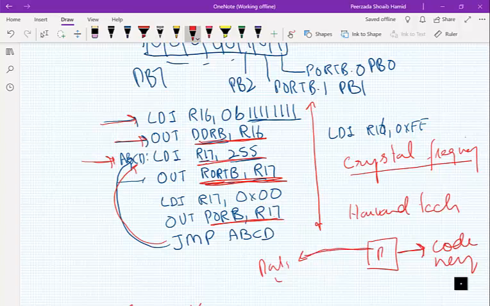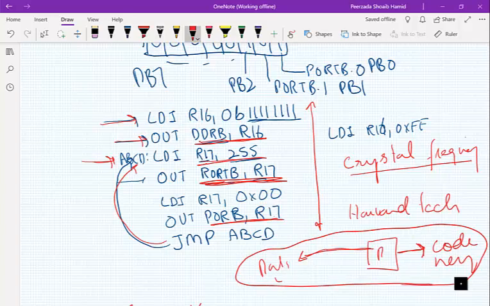So naturally this type of architecture will be faster than the von Neumann architecture, because there both code and data are stored in the same memory, and we have the same bus to access both. But here, since we have two different memories and two different buses, we can do this simultaneously.